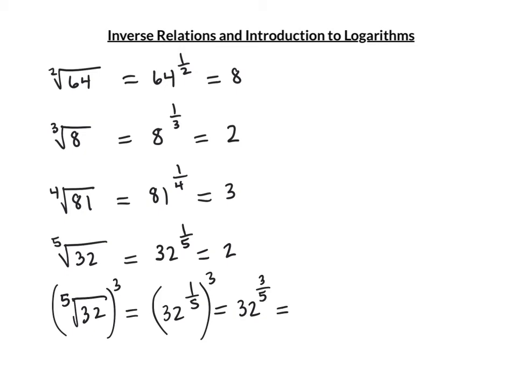The fifth root of 32 is 2. We already figured that out. And 2 cubed would be 8. Try it on your calculator. Try it in Desmos. 32 to the 3/5 power is 8. So what you need to observe here is that the bottom number in that fraction is the root, and the top number is the power you're going to take it to. So that's a normal old cube up top.